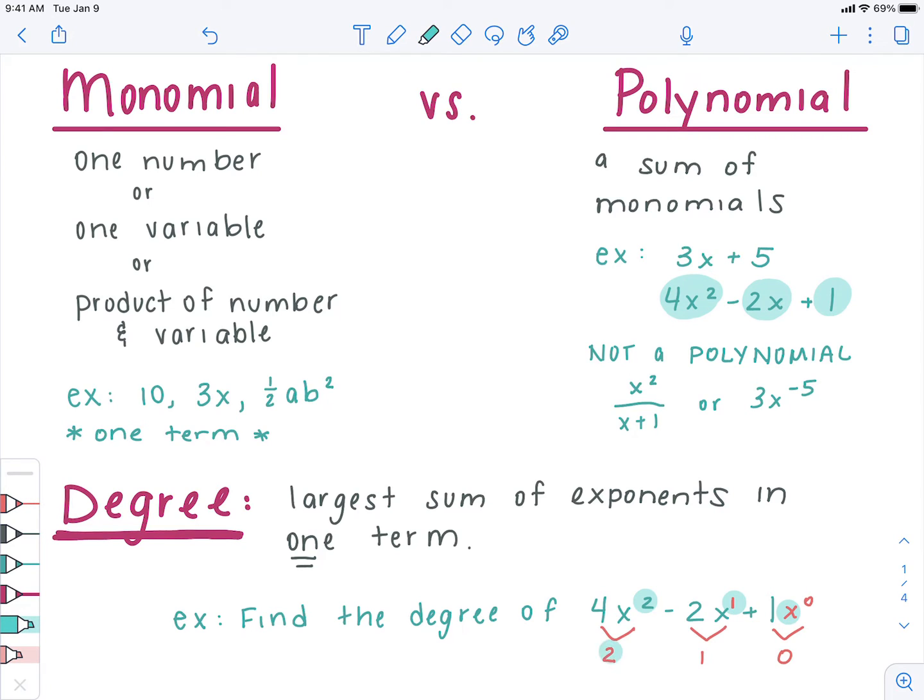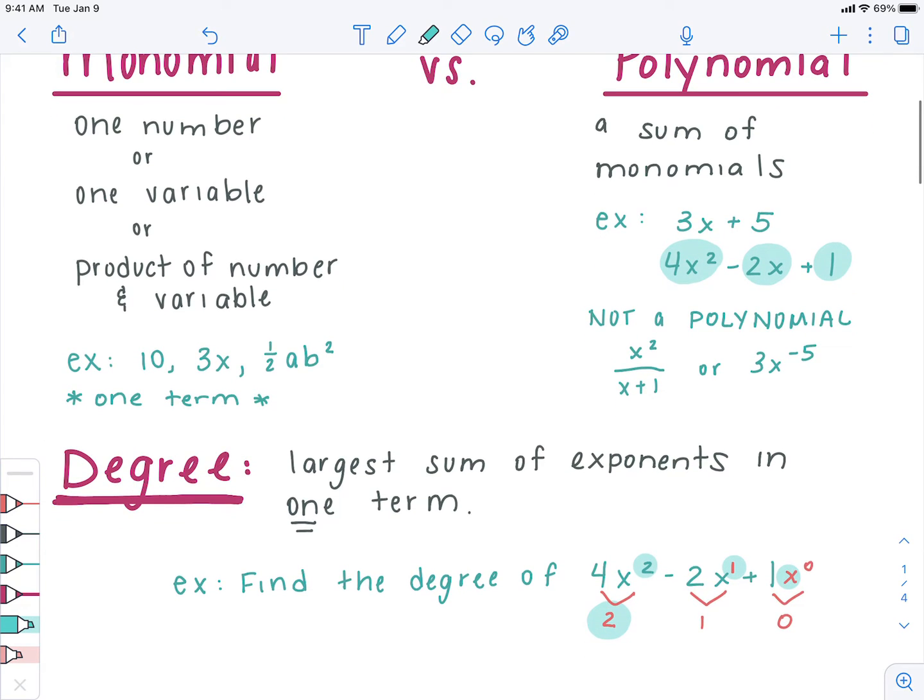So since 2 is my biggest sum of exponents, my degree is 2. So if you're looking at a polynomial that's written like we're used to, where it just has x's, or maybe it just has one variable y, you're just going to pick out the biggest exponent.